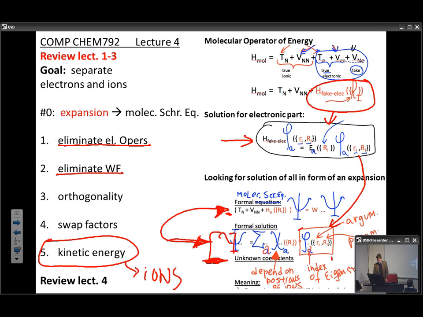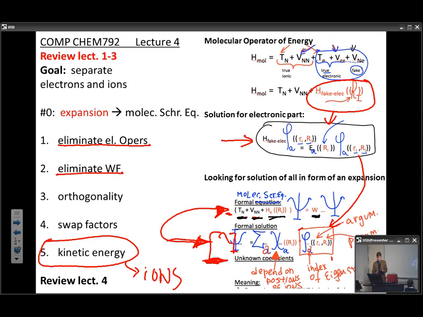So before we go to the next slide, you see here is the molecular Schrödinger equation. We put it as an eigenvalue equation with 4 terms: 3 operators on the left part and 1 eigenvalue on the right part.